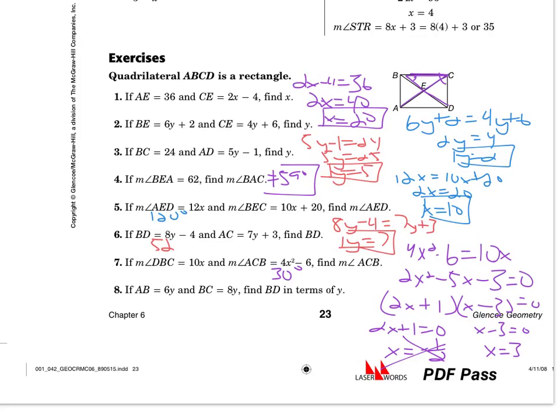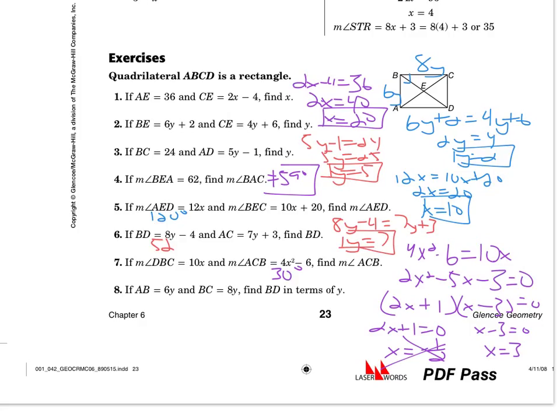And the last one, this is the Pythagorean theorem problem. Once again, we haven't distinctly learned this yet, I'm sure you've seen it before. If AB is 6y, BC is 8y, you know you have right angles, so you can find BD, because that's equal to AC. All you gotta do is find AC, and that'll be the same answer.